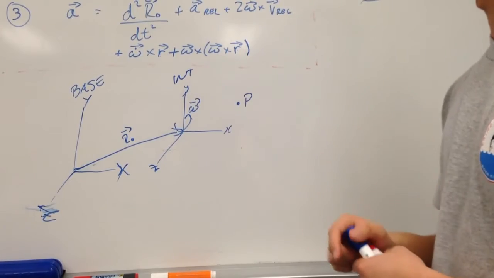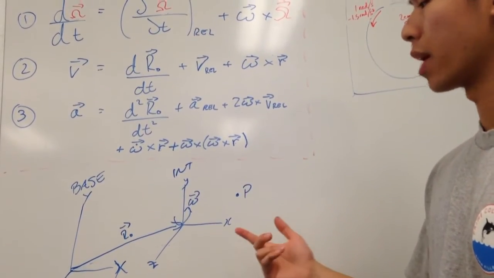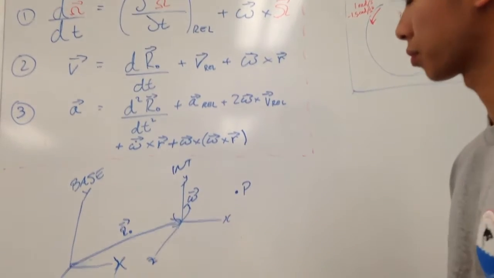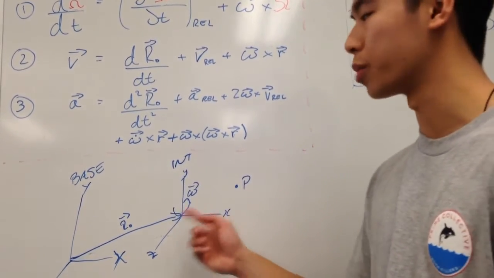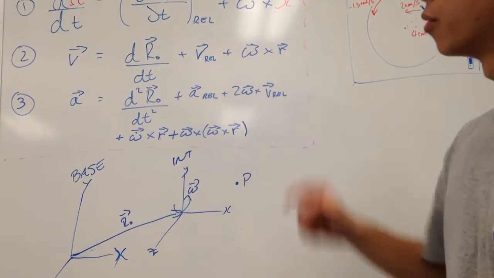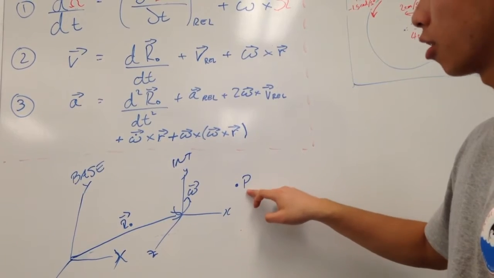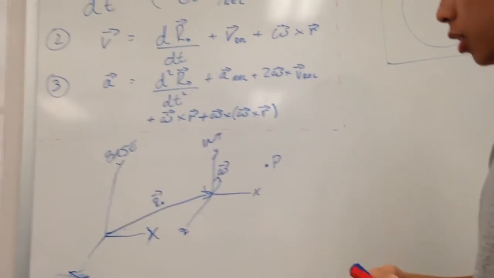So dr naught by dt is just the rate at which that's changing, or I guess the velocity of the intermediate reference frame with respect to the base reference frame. V rel is the velocity of point P with respect to the intermediate reference frame. So we'll draw that.